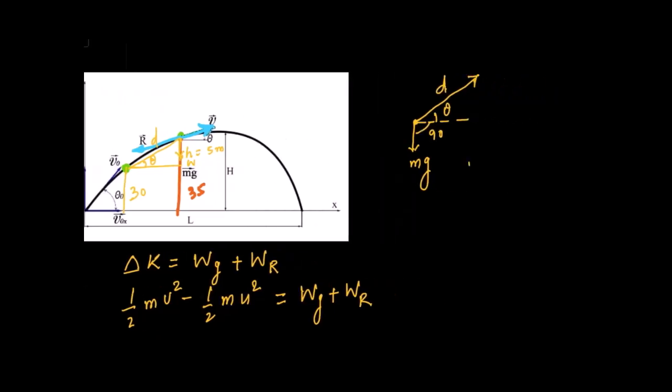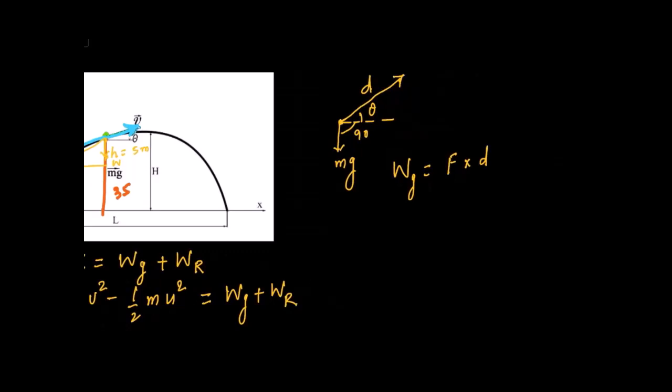We know that the work done by the gravitational force is equal to force multiplied by displacement, here it is d, times cos of the angle between displacement and force, which is 90 plus theta.